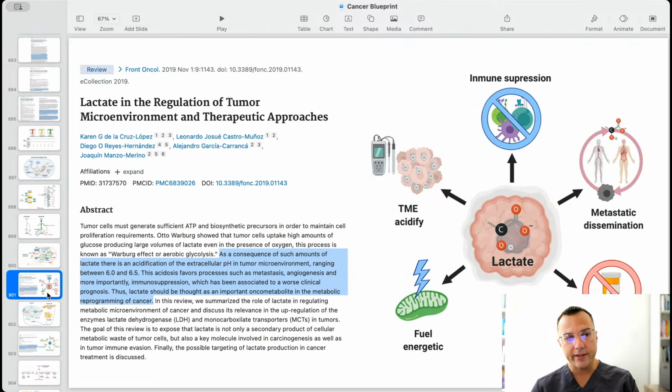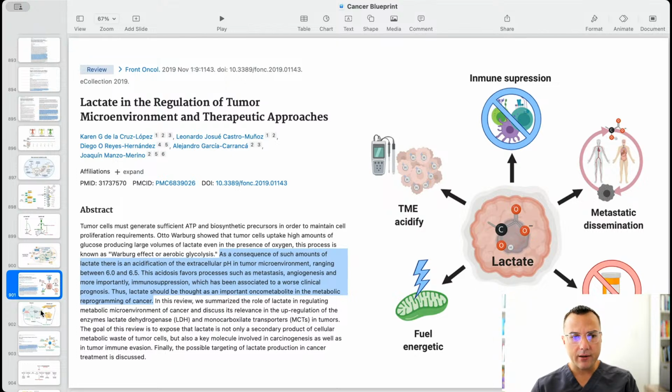Well, lactate's a big problem because lactate is at least partially responsible for the acidification of the tumor microenvironment, which ends up leading to immune suppression, immunotherapy suppression, metastatic spread, and chemotherapy resistance, and likely other resistance as well. So lactate is a big problem.